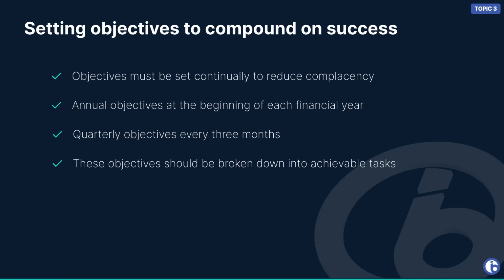Now, to go even smaller into these bite-sized chunks, the achievable tasks, we need to make sure that we're putting in little tiny pieces of advice and guidance to ourselves and our team, okay? So if we want to add 25% onto our turnover, then what are we going to do? Okay, now just a side note on this, essentially what this is, is your pace, okay?